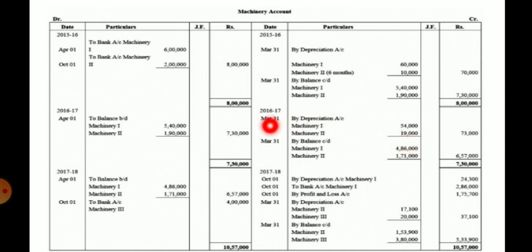Now this balance b/d is again transferred here, but in this year the machinery is purchased as well as sold. Okay, so you have to remember that preparing a working note should be compulsory in the sale of any machinery.